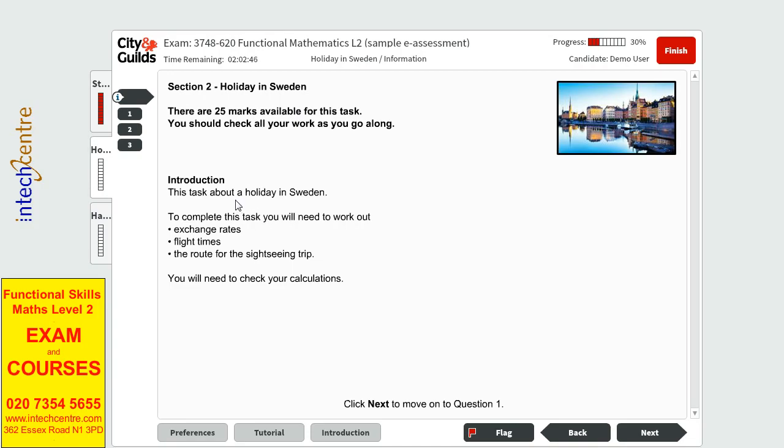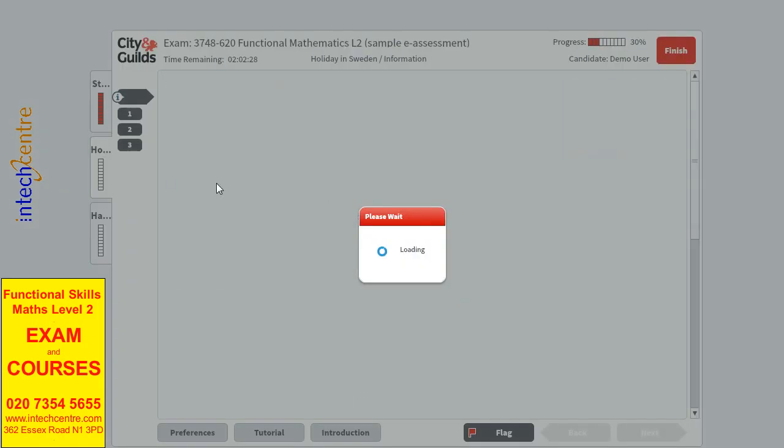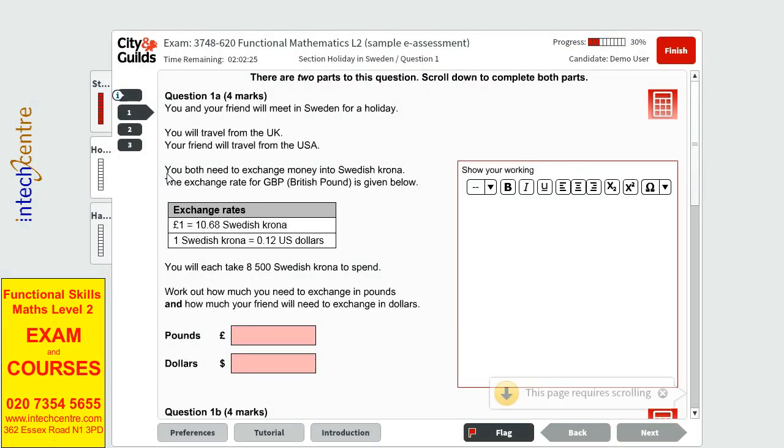It's telling us that this is about a holiday in Sweden. There are 25 marks again available for this task, and make sure you check your work as you go along. In this task, we have to work out the exchange rates, flight times, and the route for the sightseeing trip. I will click next so that we can move on to the first question.